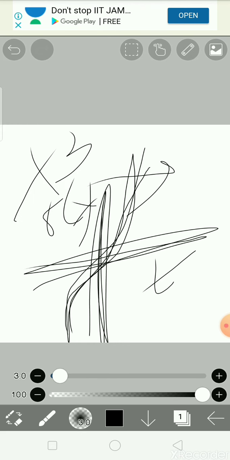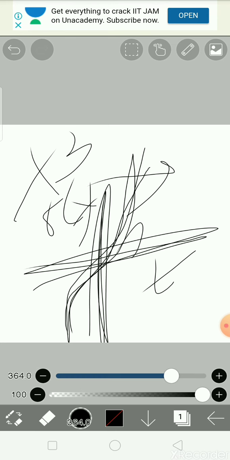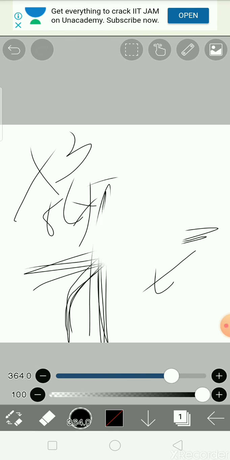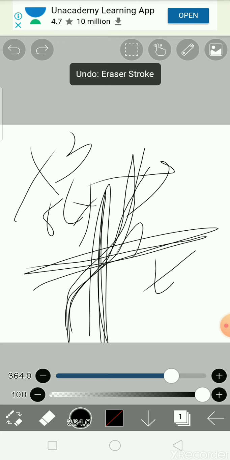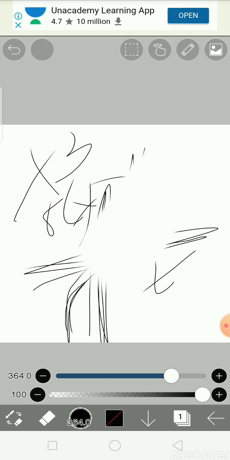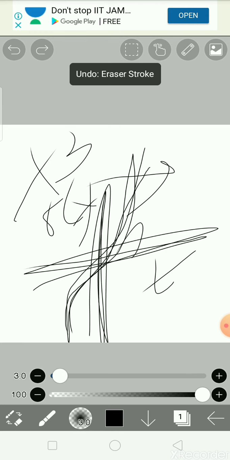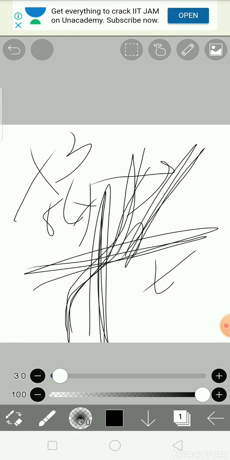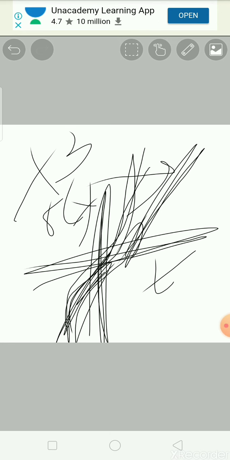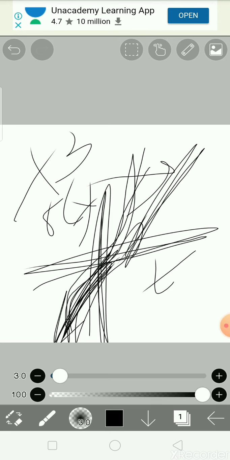From 0 to infinity, its graph goes on increasing from here to here. And again, here on the downward side, it again goes on increasing.